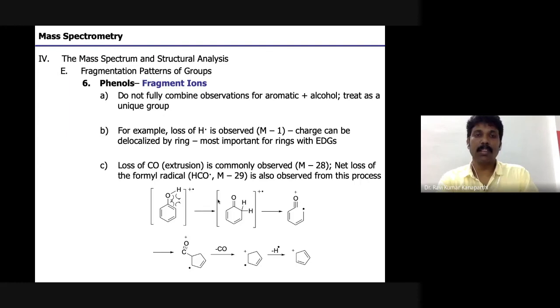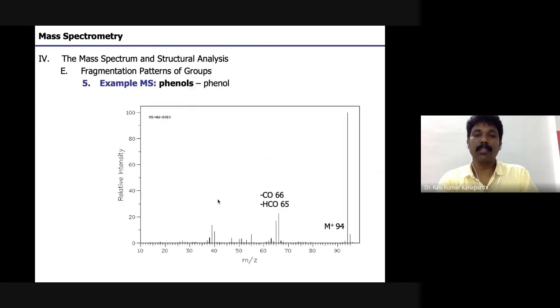But the phenols give a very intense molecular ion, which is in fact the base peak itself. And then you can always see the loss of CO and the loss of HCO. You can see 66 and 65, you can find the peaks.